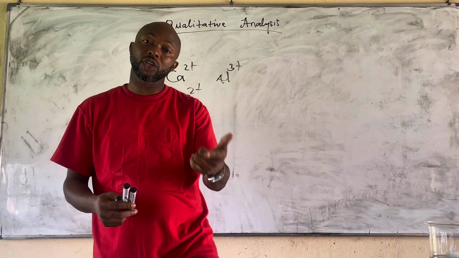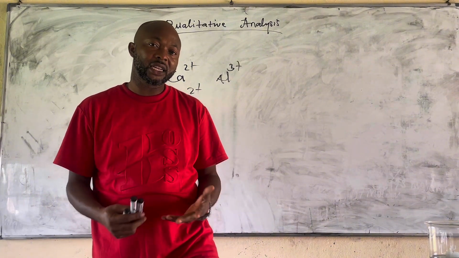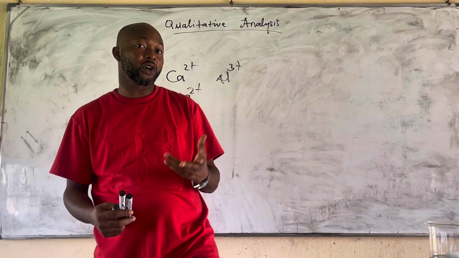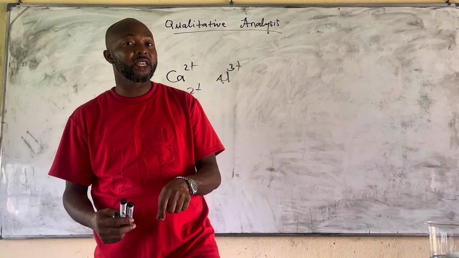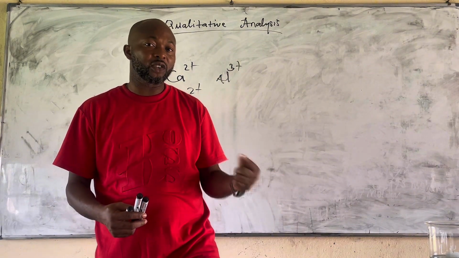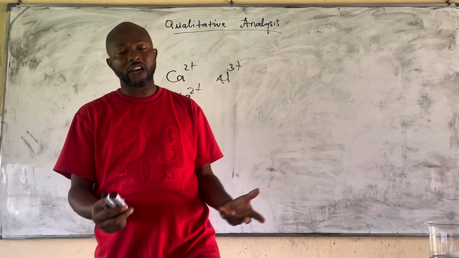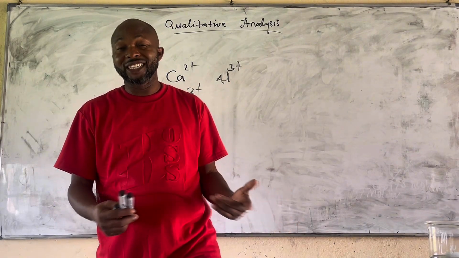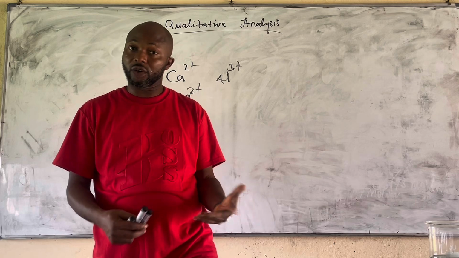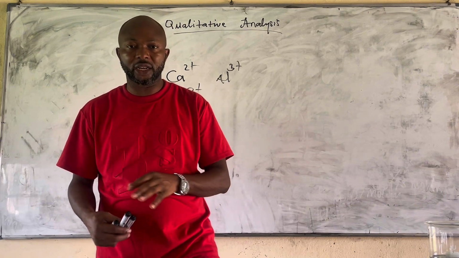When a sample of salt is given to you to analyze in the lab using sodium hydroxide as your reagent, you'll be able to determine which ions are present. Is it calcium? Is it aluminum? Is it zinc? Is it copper, iron, and so on? We'll be able to check that out.